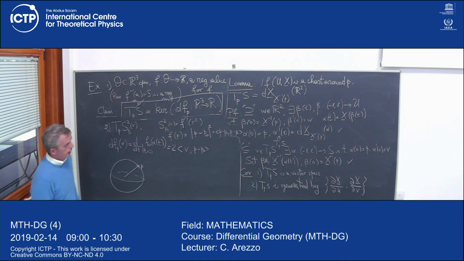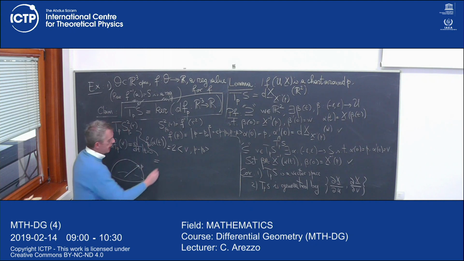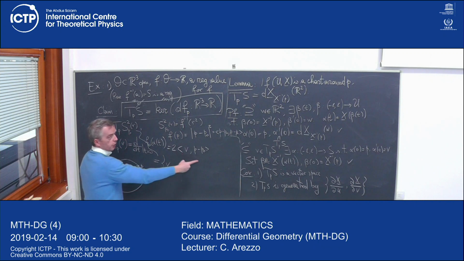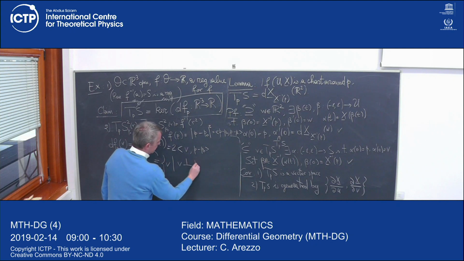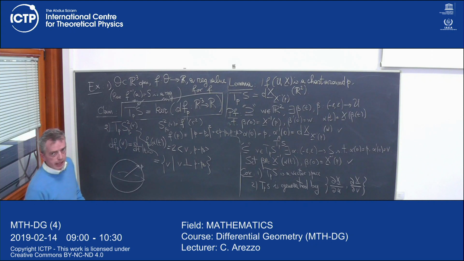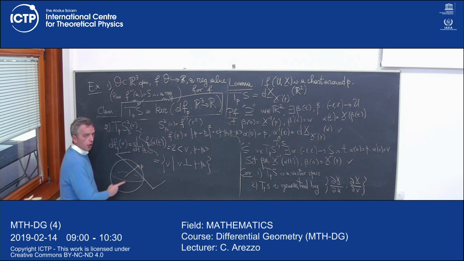At the point P, the tangent space is equal to the set of vectors for which this is 0. If the scalar product is 0, it means they are orthogonal. So it's actually the orthogonal to the point itself. So the normal vector to the tangent space is actually the point where you are computing the tangent space.